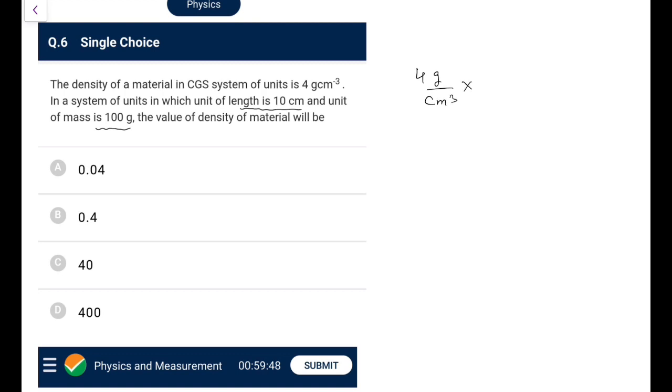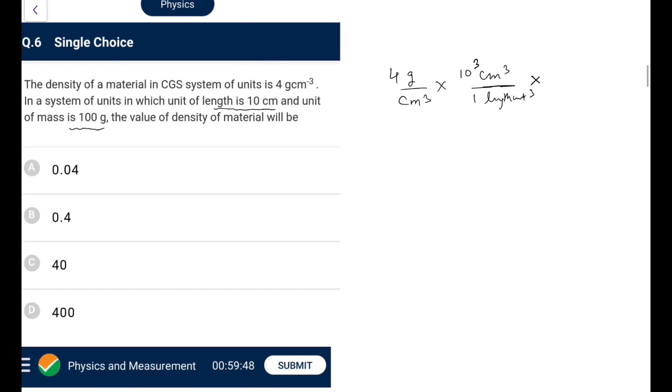In the new system, the unit of length is 10 centimeter. So 10 to the power 3 centimeter cube would be equal to 1 times the length unit to the power 3. That is the factor we have to make.